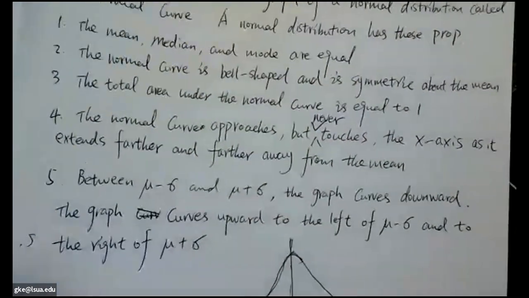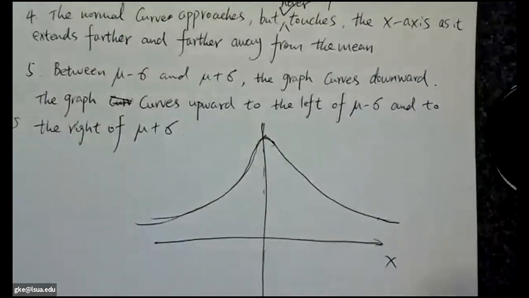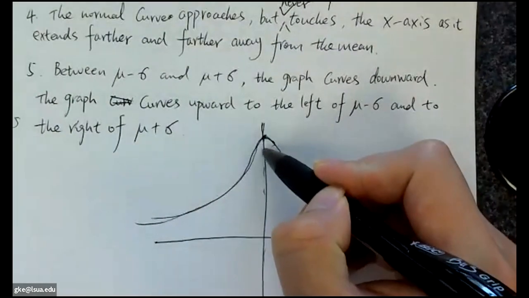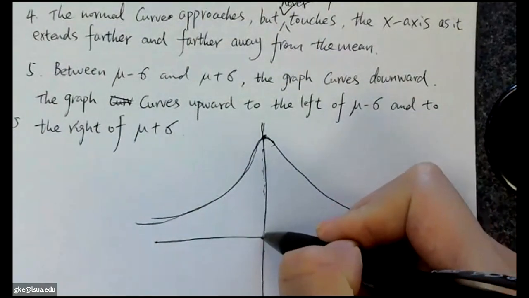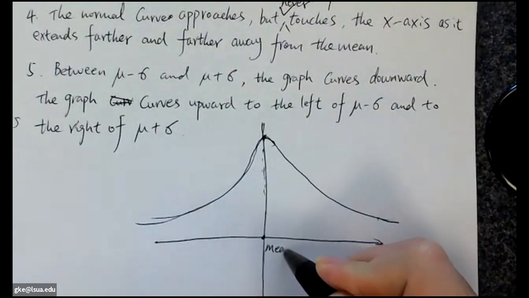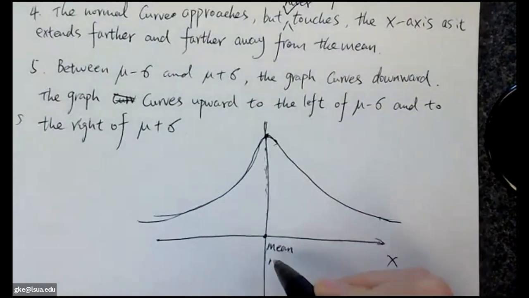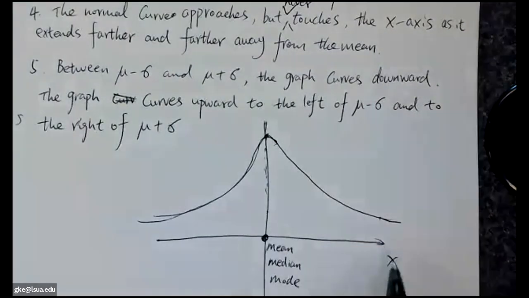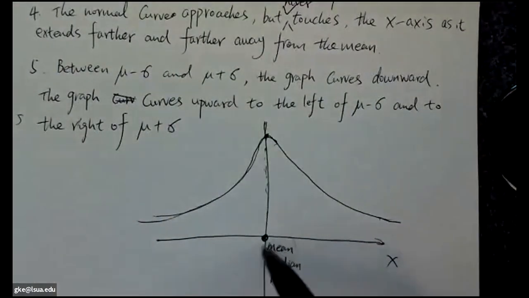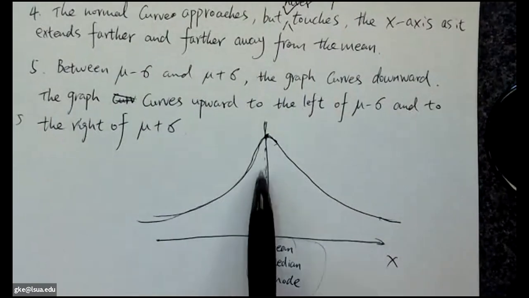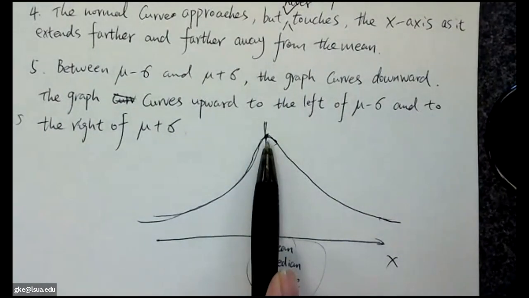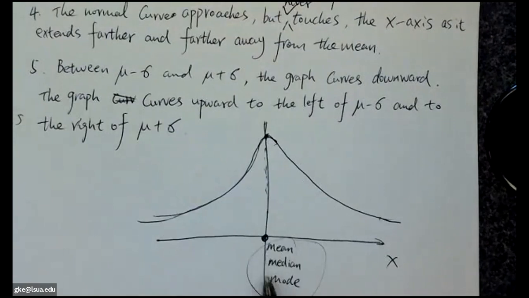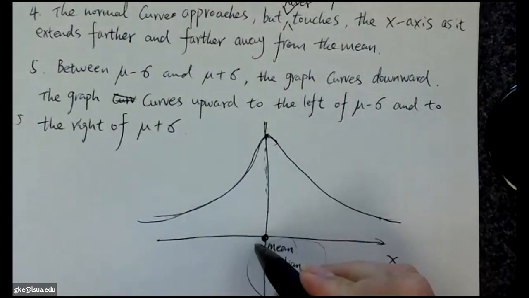That means this value corresponding here has the mean, median, and mode. So the value at this point represents the mean value, median, and mode.